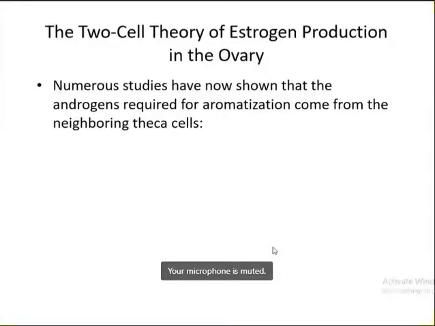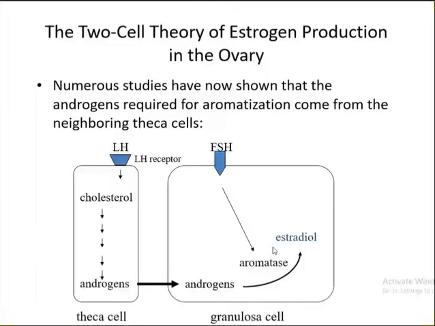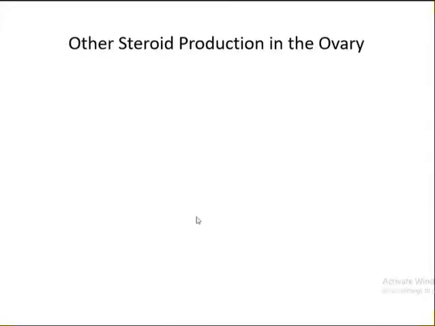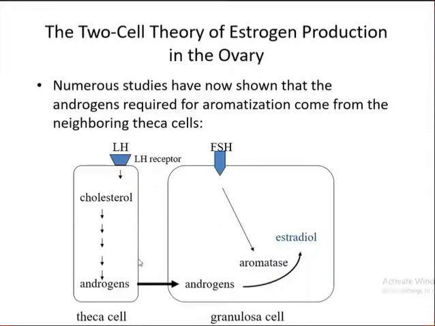Now I can see here the LH receptor, cholesterol, androgens, theca cell. From the theca cell, androgen goes to the granulosa cells. From those androgens, the aromatase enzyme converts the androgens into estradiol.